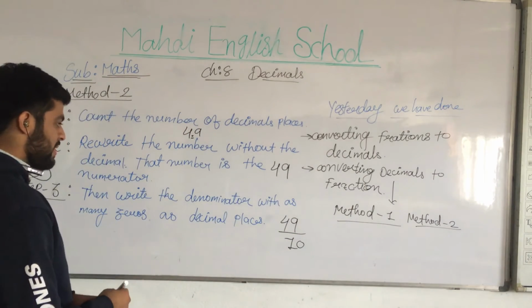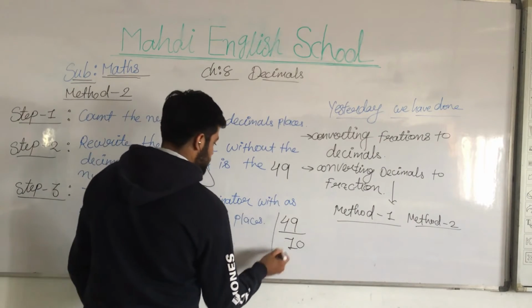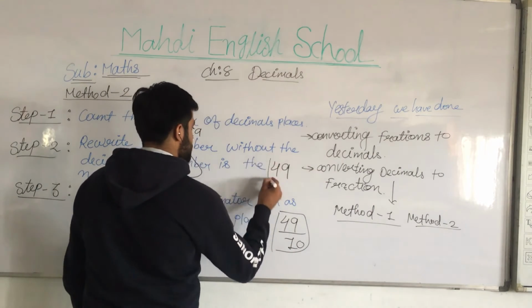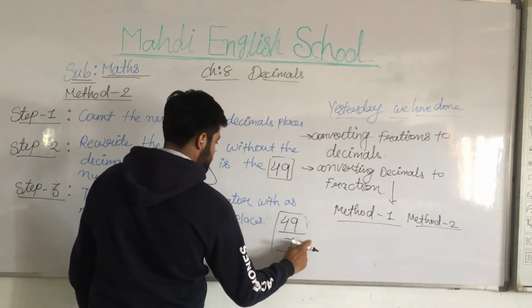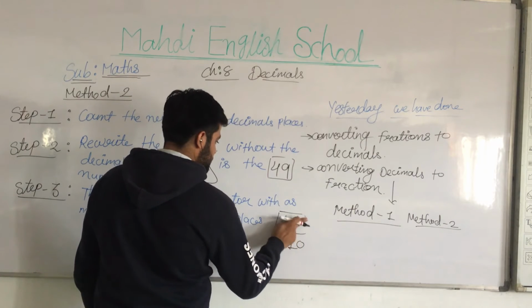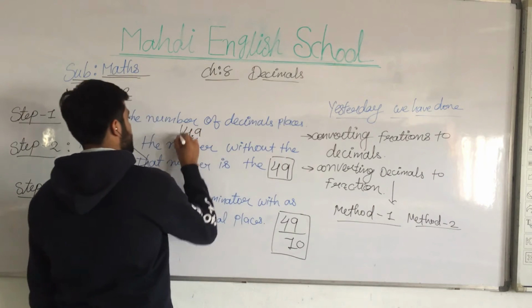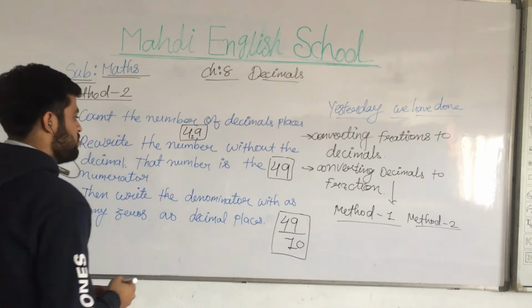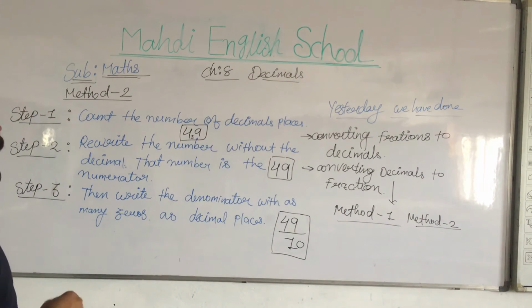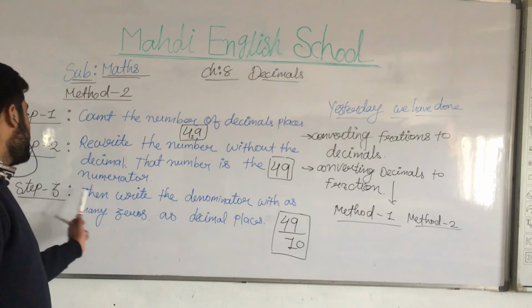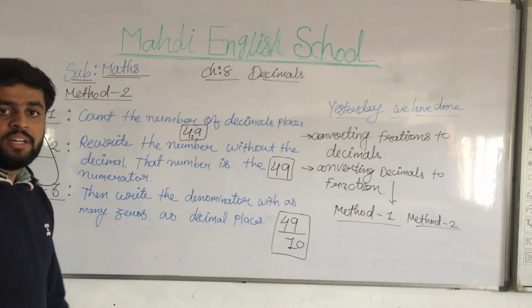This is the example, my dear students. See how it works: first step, second step, and third step. Understood? I hope you all understood. Note down this example and write down step number 3.